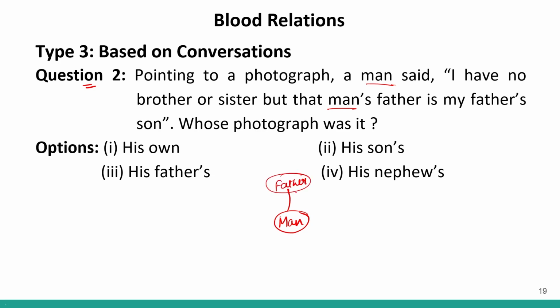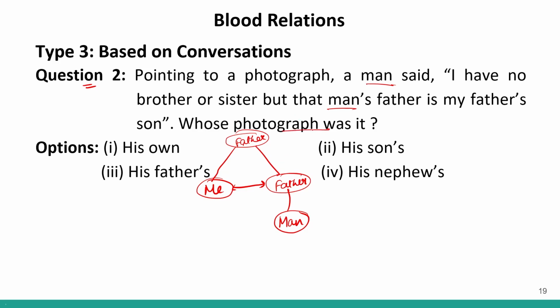Let's say this is me. So my father will have two kids, right? And the relationship between me and the other child will be of siblings. Correct? We have to identify whose photograph it was.